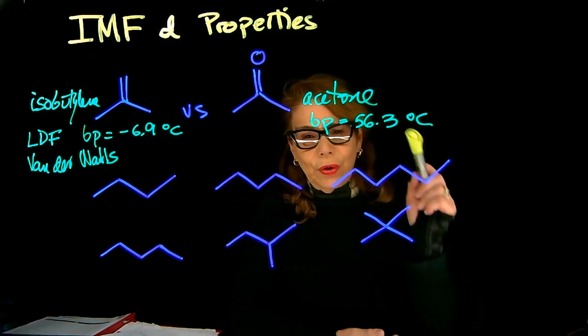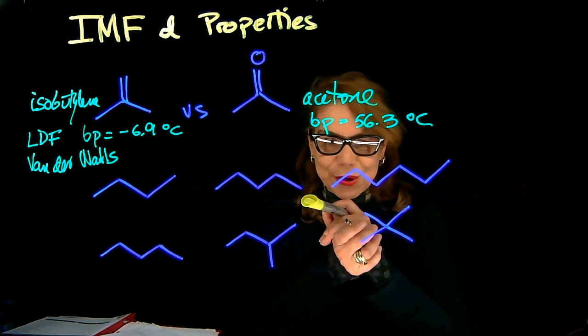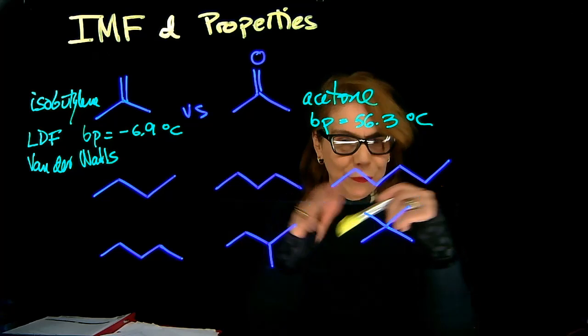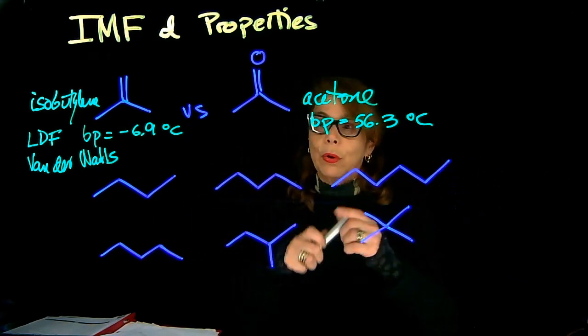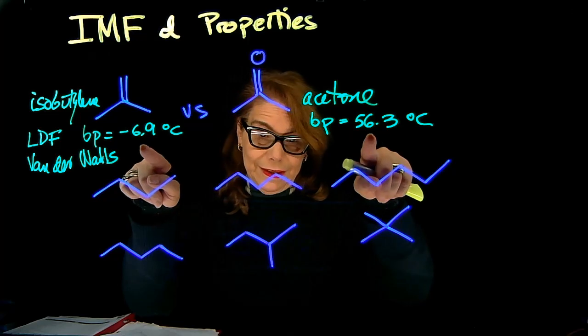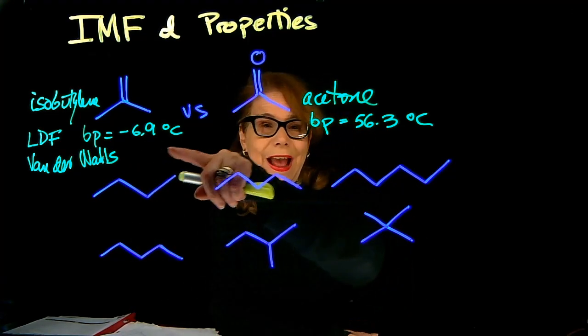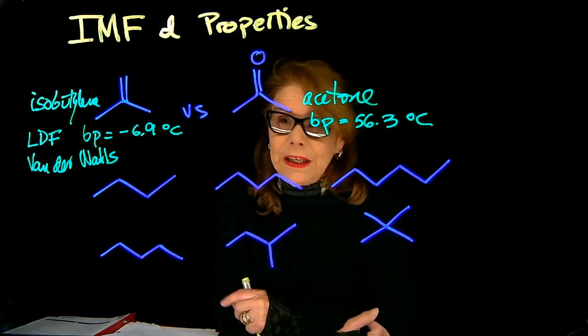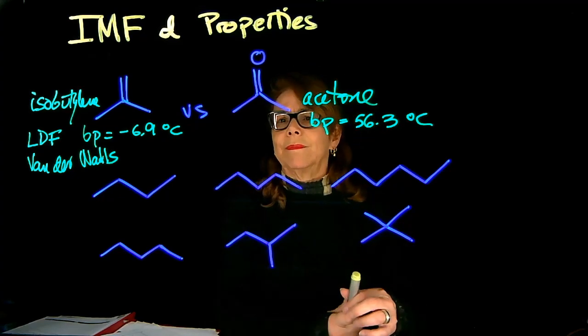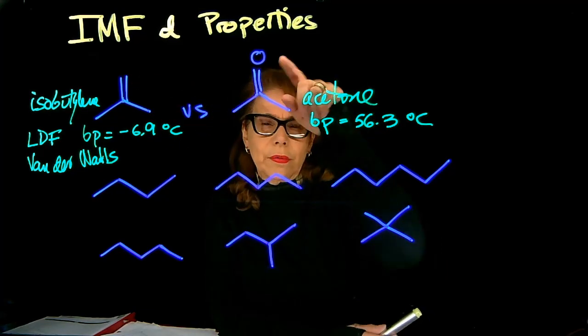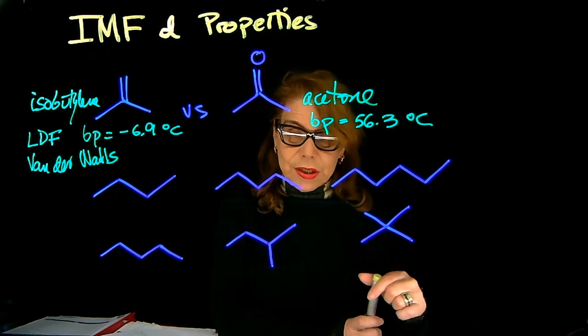Now acetone, however, if you think of room temperature being 25 Celsius in a lab, for example, this would be a liquid, with a relatively low boiling point, but much higher than this one. So how come this is a gas and this is a liquid? They have about a similar molar mass. Here, in place of this carbon, we have an oxygen, but other than that, it's very similar.